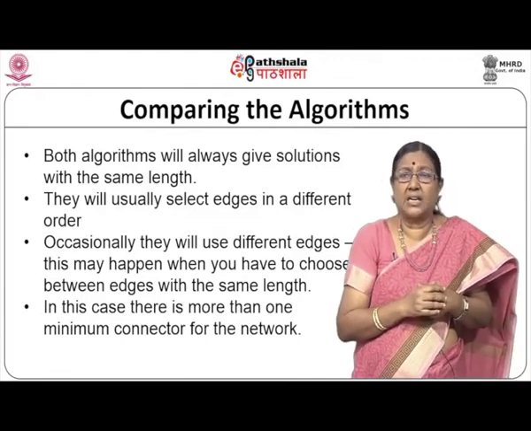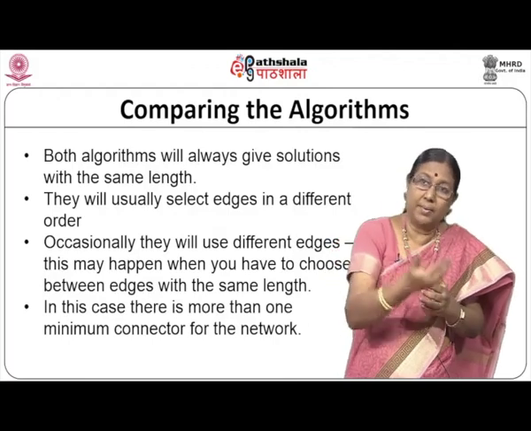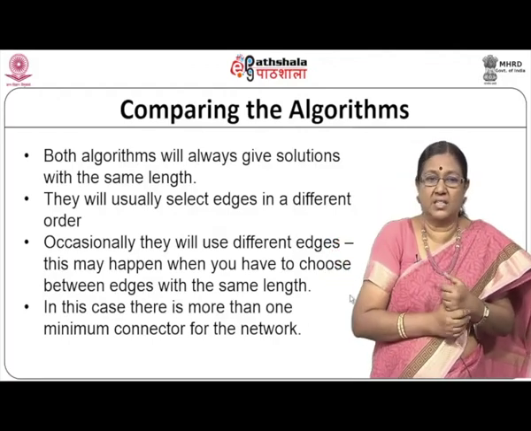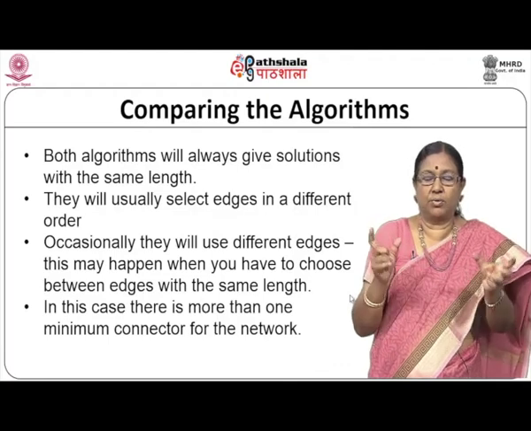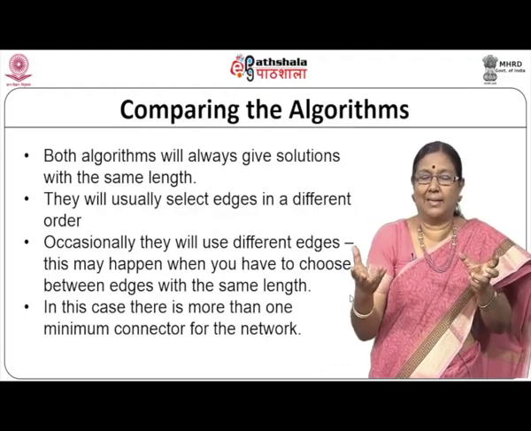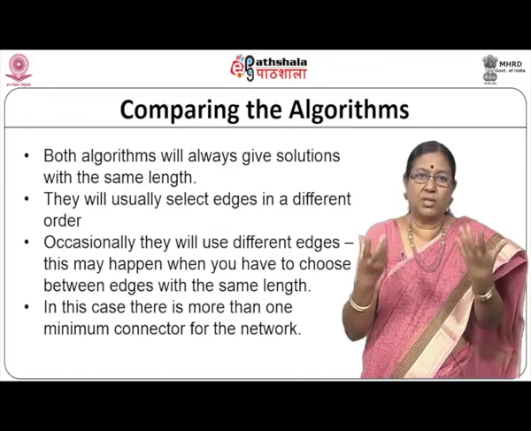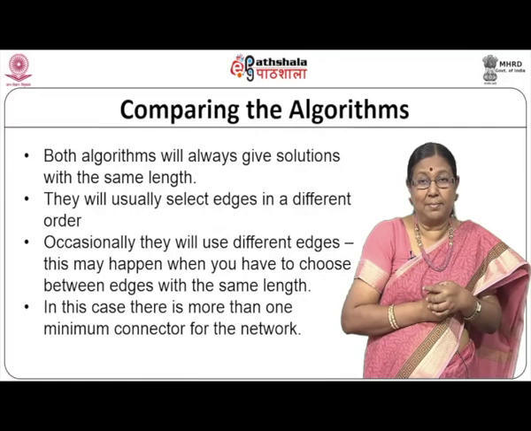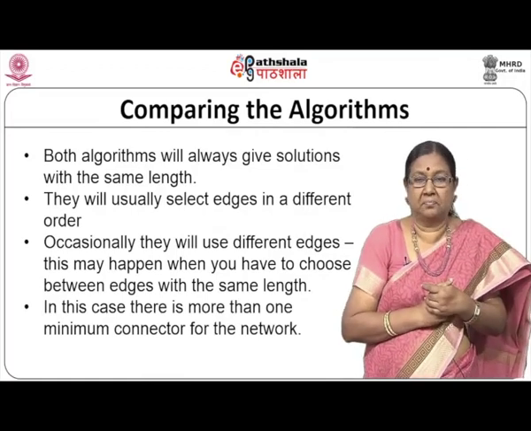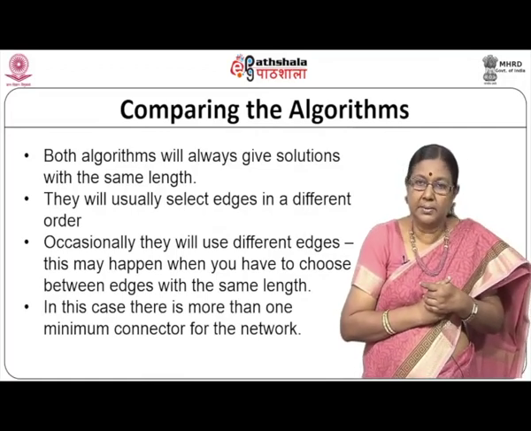Occasionally they will use different edges also, the order may be different, it may even use different edges. This may happen when you have to choose between edges with the same length or weight. So, if you have two choices, you can choose either one. If there are two choices, it means that more than one minimum spanning tree is available.